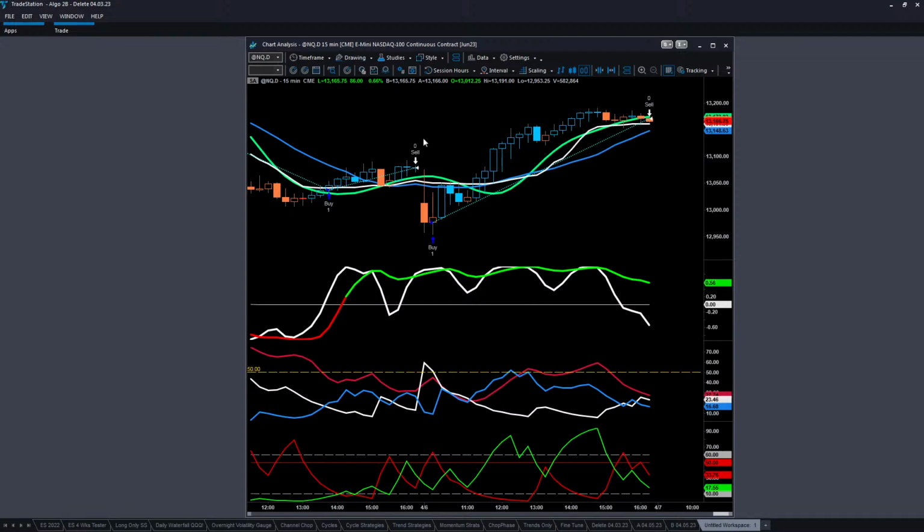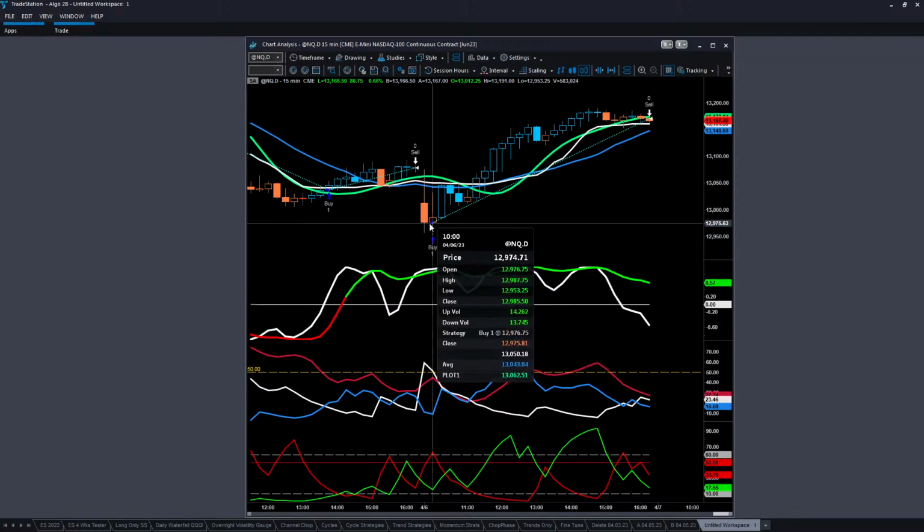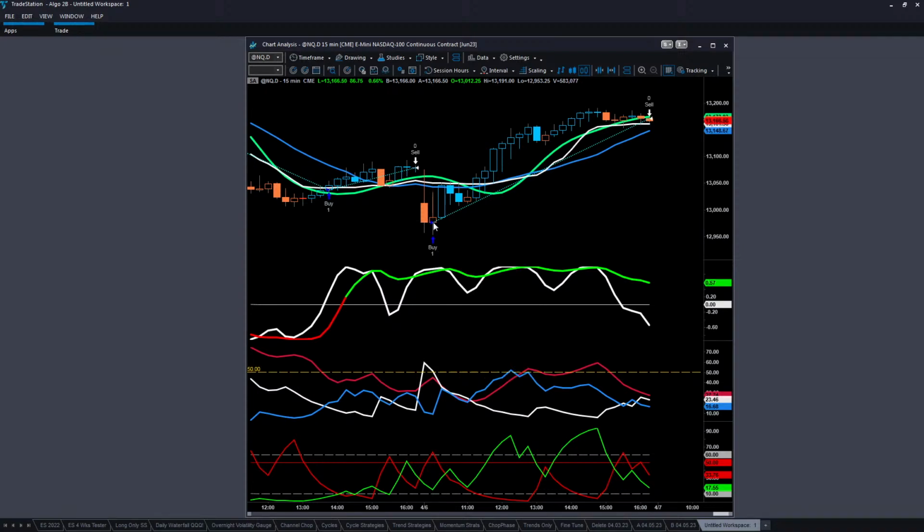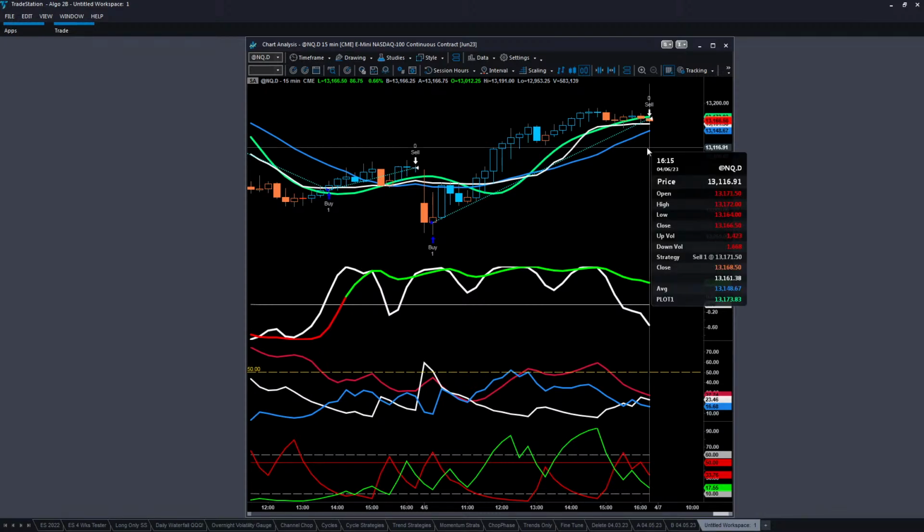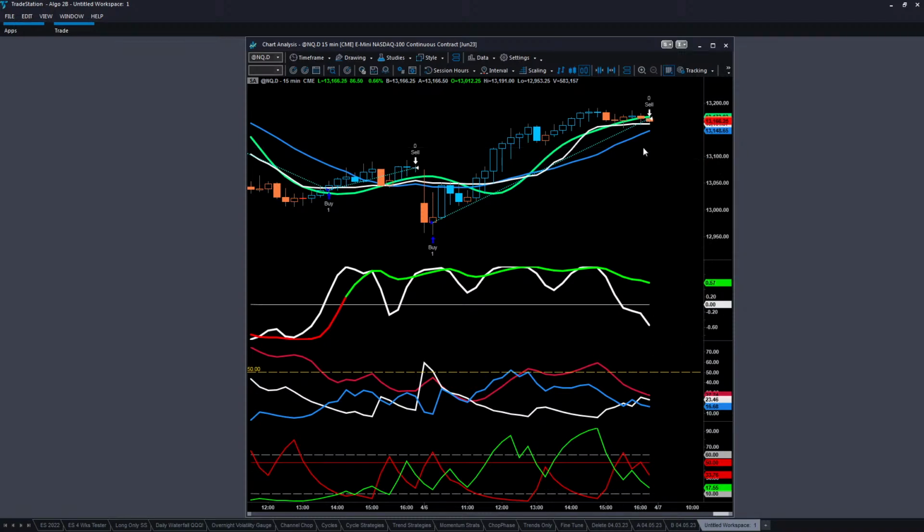And let me just do the math on it right now. Now remember, guys, I got out on this bar right before the signal because I just got tired of waiting. But the overall signal right there was 12,976, and the actual exit was 13,171.